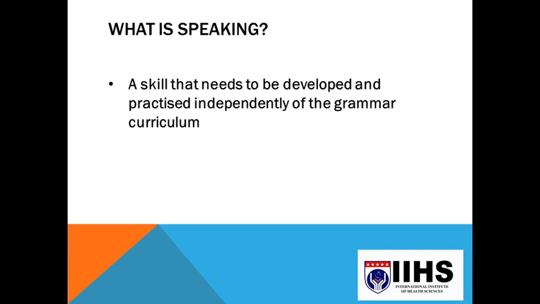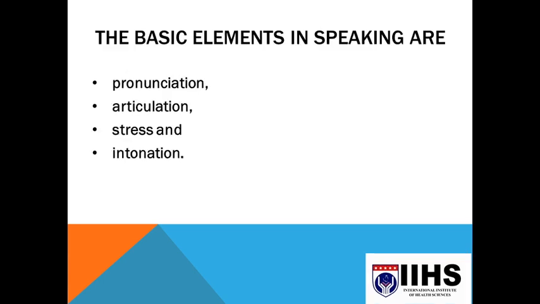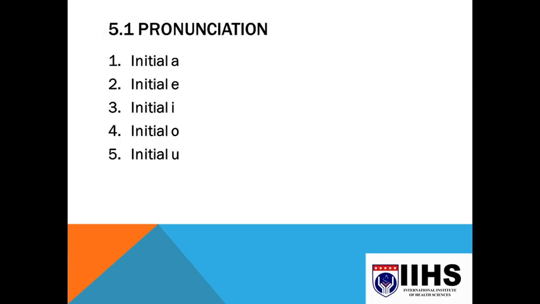What is speaking? A skill that needs to be developed and practiced independently of the grammar curriculum is called speaking. The basic elements in speaking are pronunciation, articulation, stress, and intonation. When you pronounce words, you always should pay your attention to the vowel sounds such as a, e, o, and r.